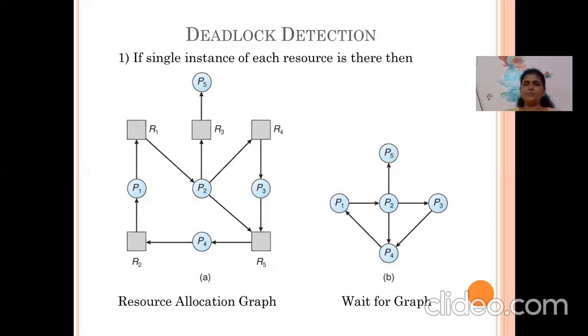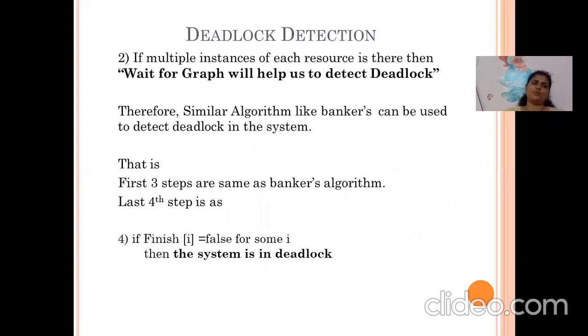Clear? Now, another approach. If we have multiple instances of the resources, then what to do? Then the wait-for graph will not help us detect the deadlock. Therefore, an algorithm similar to Banker's algorithm can be used to detect deadlock in such systems where the number of instances of each resource type is more than one. So how can we use an algorithm like Banker's algorithm for that purpose?